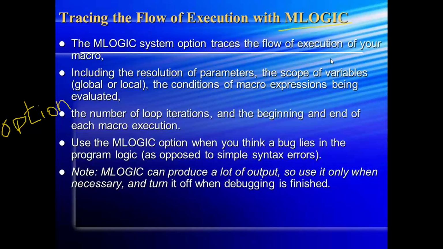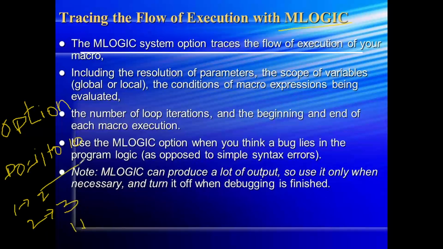One of the options we have is mlogic, which will be checking the logical errors. What do you mean by that? For example, I write a loop, do i equals 1 to 10. It will show you that 1 is resolved to 2, 2 resolved to 3, 3 resolved to 4, and so on. The loop comes out at the 11th value.